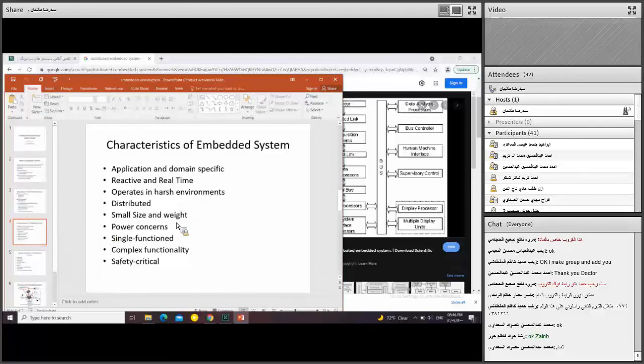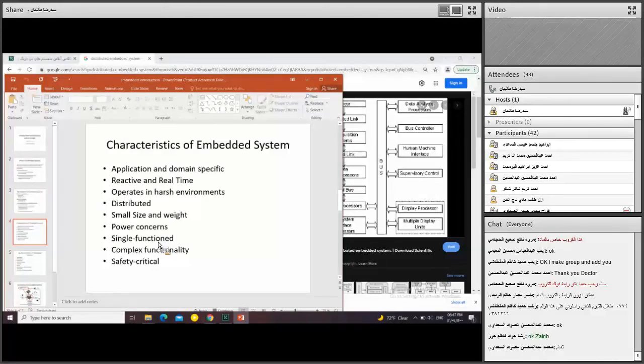Another thing is about the small size and weight. You know that it is better for embedded systems to have small size and small weight: small size for good application in different situations, and small weight for portability.